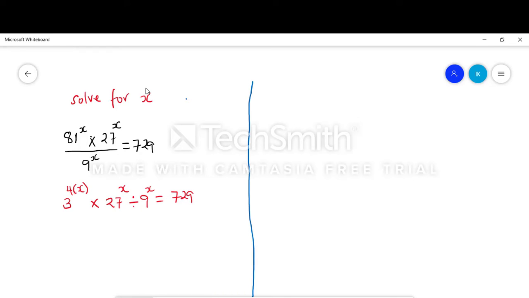We shall express also this one to the base 3, and these two also. So this is what you're going to have.